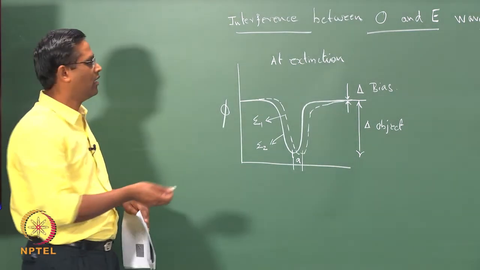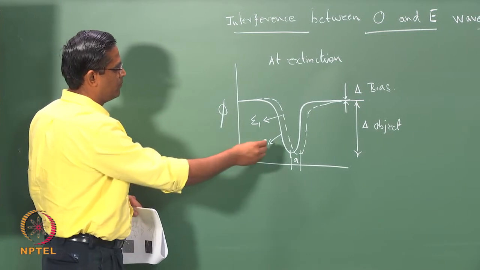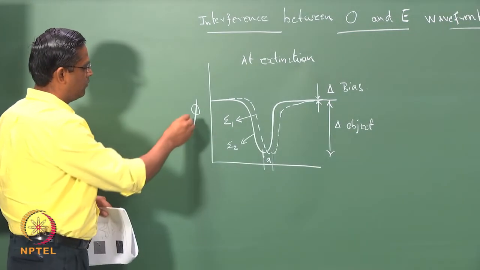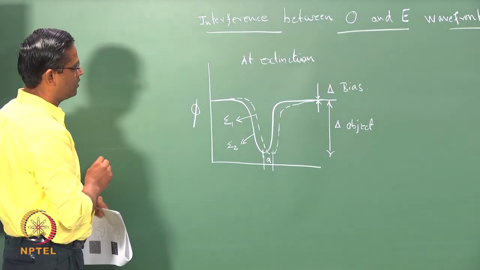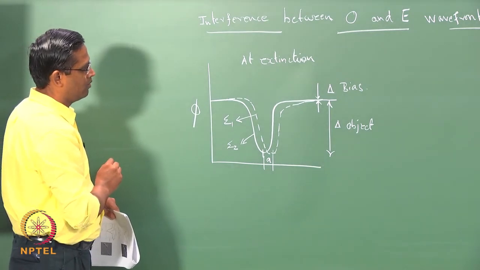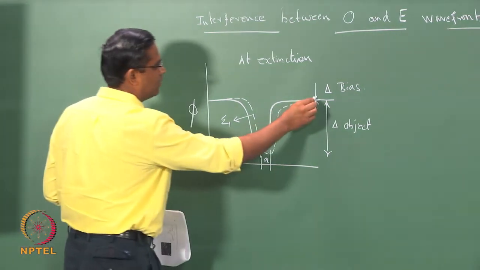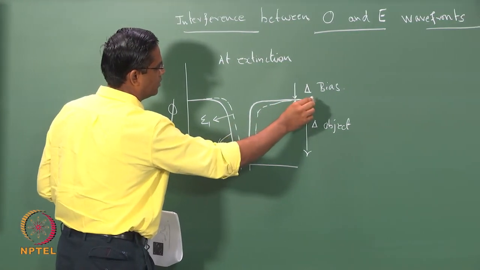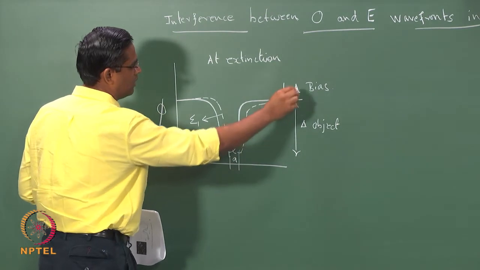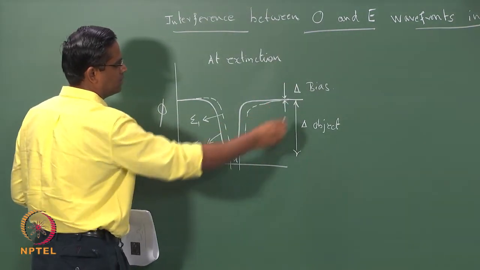That condition is extinction. So this corresponds to the phase of these two rays, and the delta for this, that is the phase shift or retardation I would say, is 0 here.